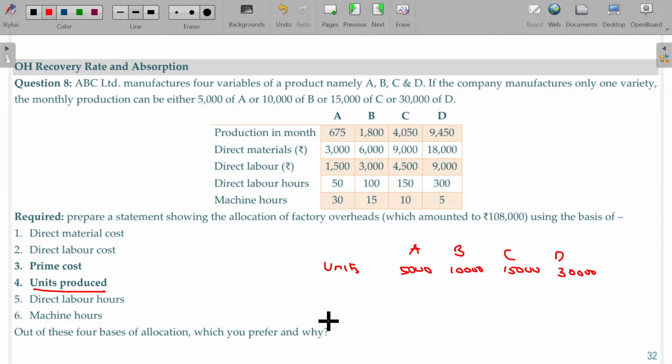What does it mean? Whatever material you have, using that, if you produce A, you can produce 5,000 units. Instead, if you produce B, you can produce 10,000 units. If you produce C, 15,000 units can be produced. If you produce D, you can produce 30,000. Clear? Hope you'll now be able to understand.